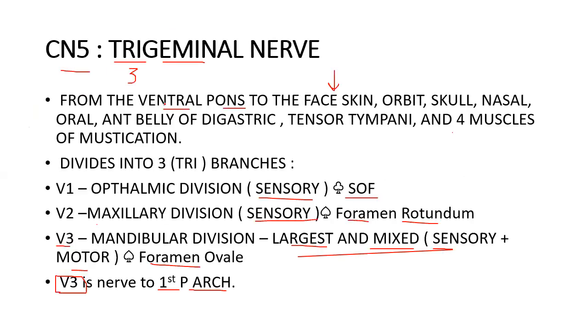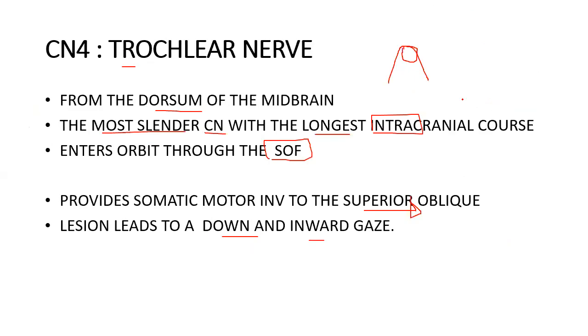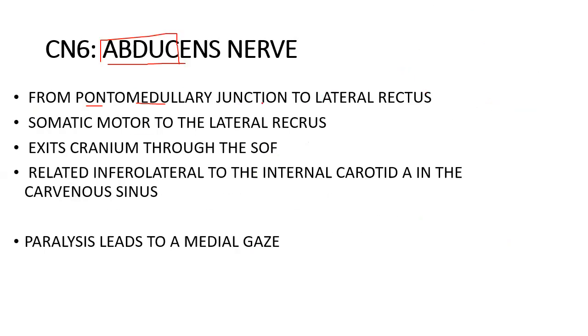So go back to our picture. So this is the pons, that's the medulla. So it's coming from the pontomedullary junction, and it goes to the orbit, to supply that remaining LR, the lateral rectus, right?